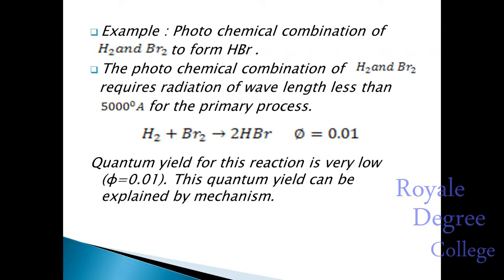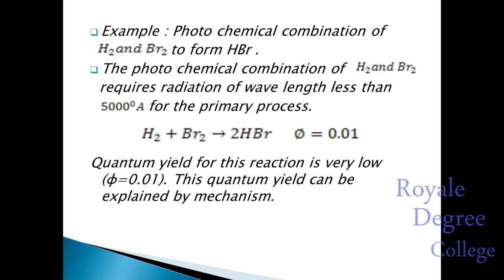Example we see here, photochemical combination of hydrogen and bromine to form HBr, that is hydrogen bromide. The photochemical combination of hydrogen and bromine requires a radiation of wavelength less than 5000 angstrom for the primary process.